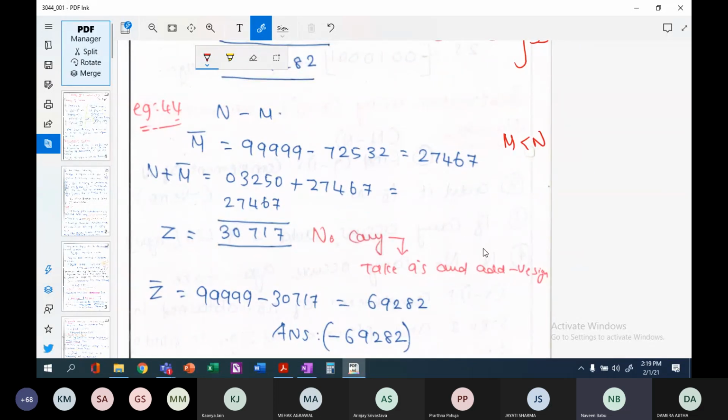So what is the complement of m here? It is 5 times 9 minus 72532, 27467. You will add it with n, so you are not getting a carry here. If you don't get a carry, you will once more take the 9's complement of this number. So the 9's complement of this number further taken will be 69282, and you will add minus to it. That is your n minus m subtraction using r minus 1's complement.